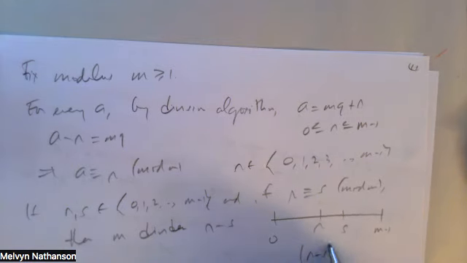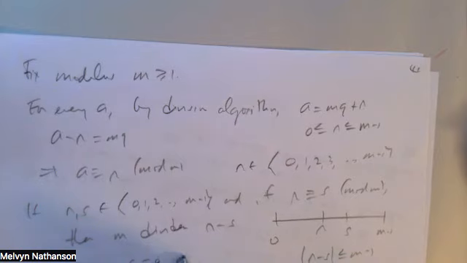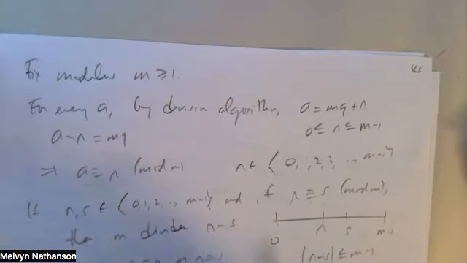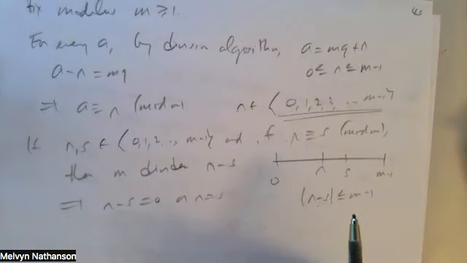So the absolute value of R minus S, the greatest distance apart they can be, is M minus 1. So M divides R minus S. If R minus S is different from 0, it's smaller than M. That's impossible. So R minus S has to equal 0, or R equals S. So these M numbers, of course, there are M of them, M minus 1 positive integers and 0, are pairwise not congruent mod M.